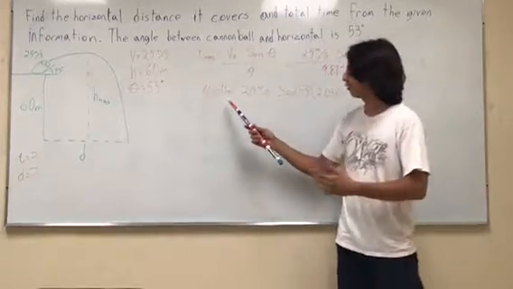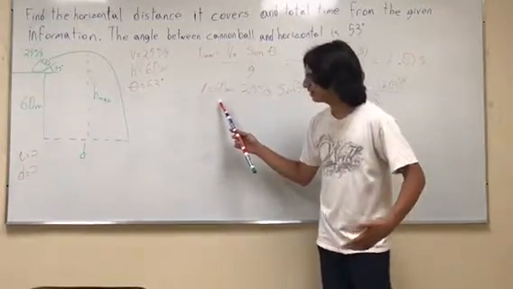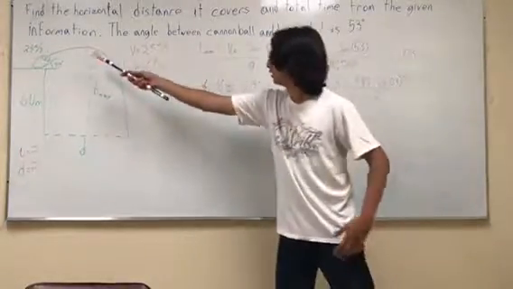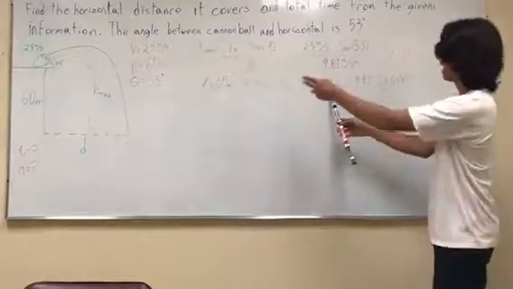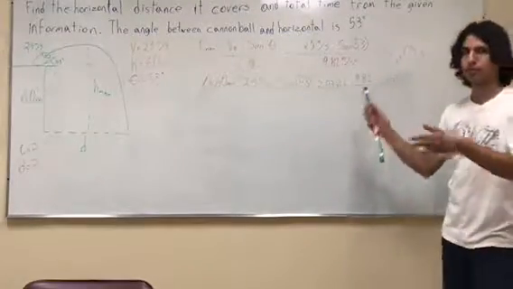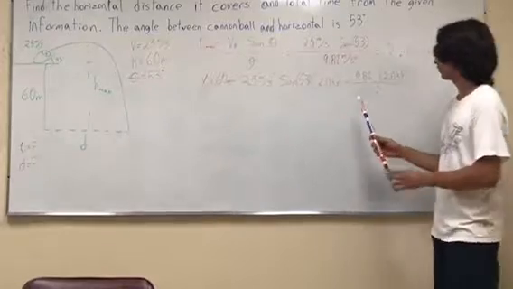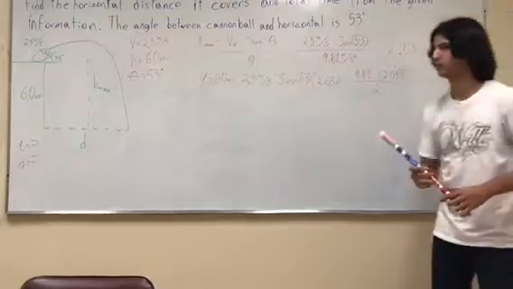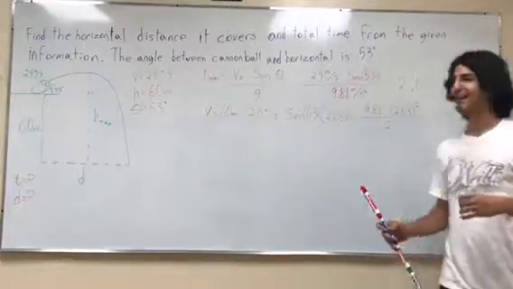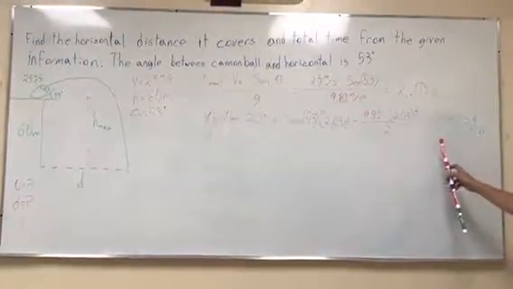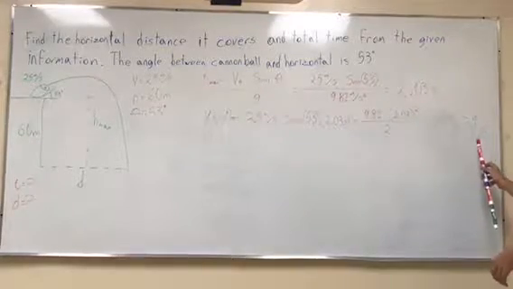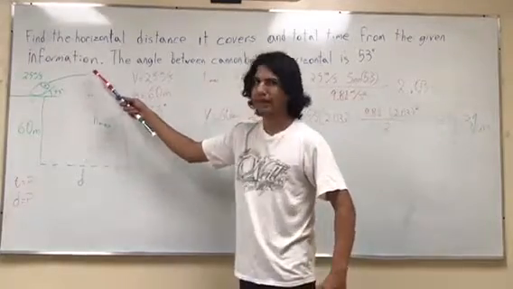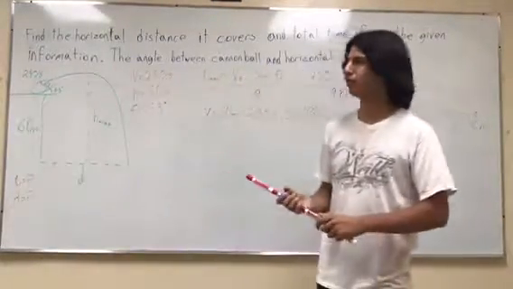For this, we have the height, the velocity, the angle, the time, and the gravity. And this is the maximum height, 18.31. This is the maximum height of the cannonball thrower.